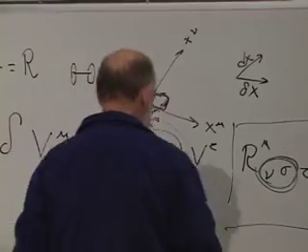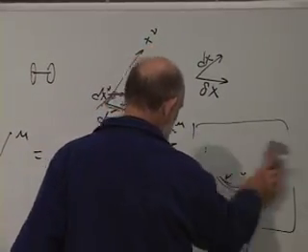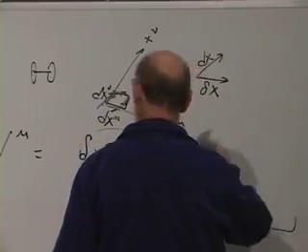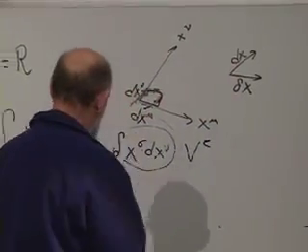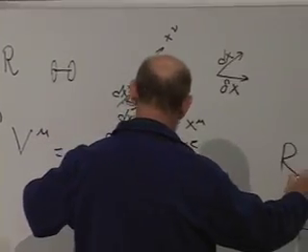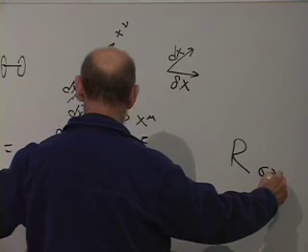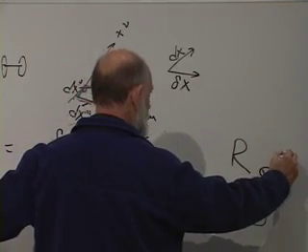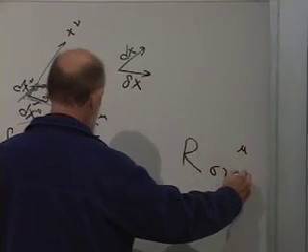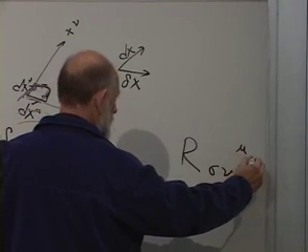I think I made a mistake. This does not look right to me. Let me correct it. Yeah, I think this should be R sigma nu mu tau v tau.